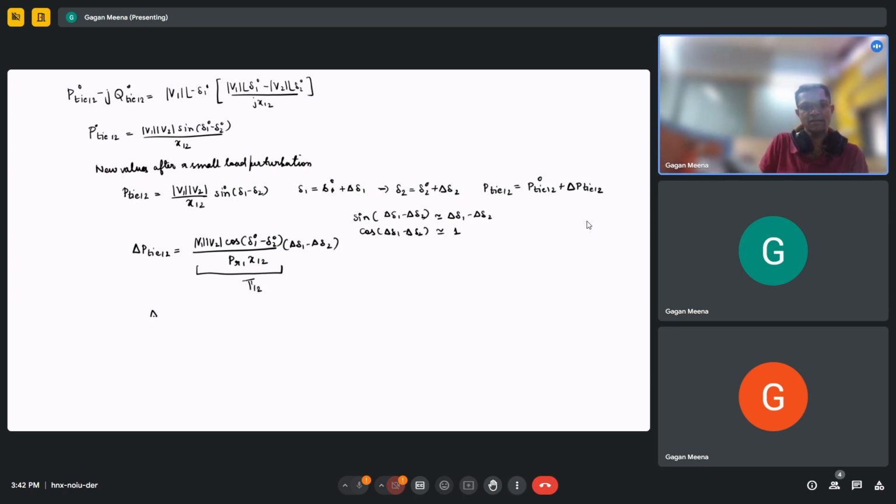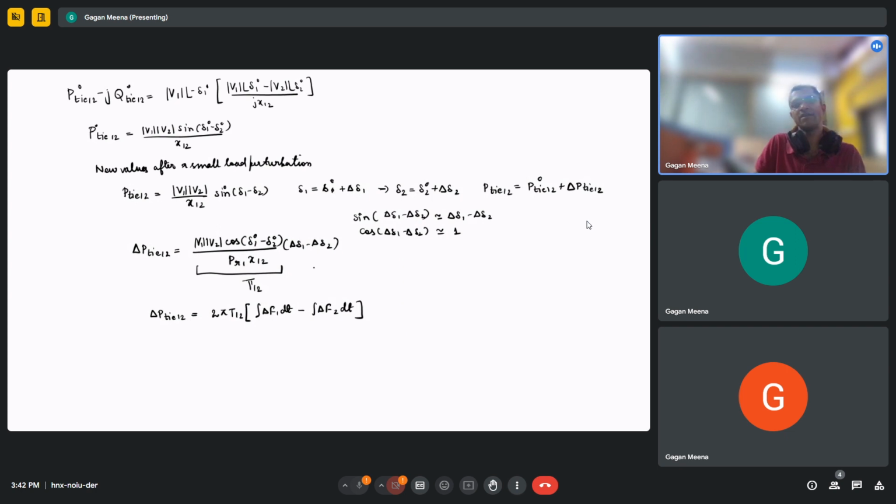So delta P tie 12 can also be written as 2 pi T12 into the integral of delta f1 dt minus the integral of delta f2 dt.